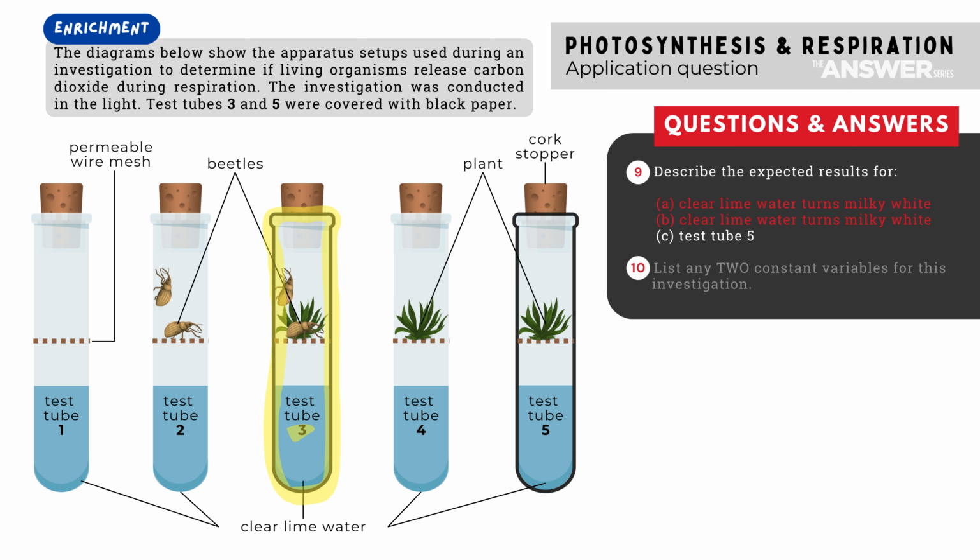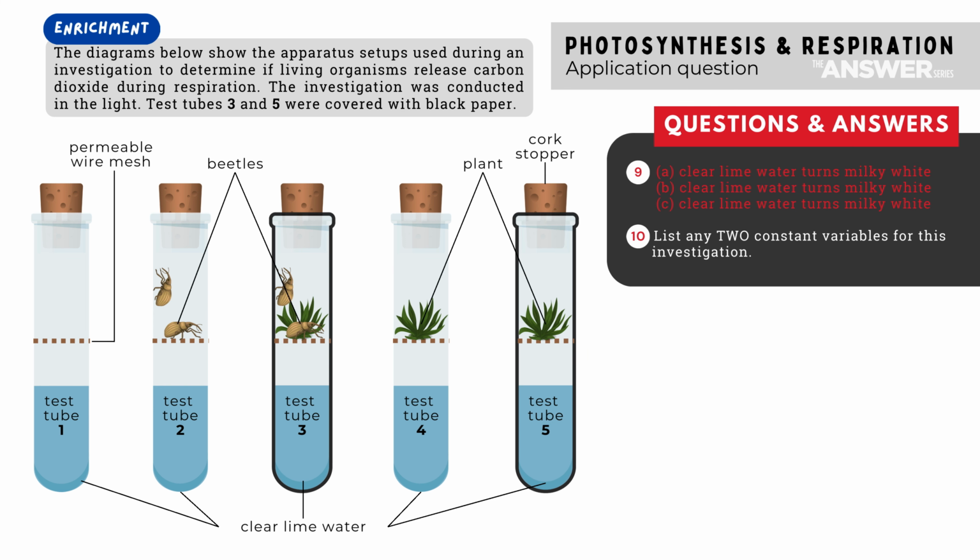So the clear lime water in test tube 3 will also turn a milky white color. And then in the case of test tube 5, the plant inside it will also be performing respiration because the test tube is covered with a black paper, and therefore the lime water in test tube 5 will also turn a milky white color.